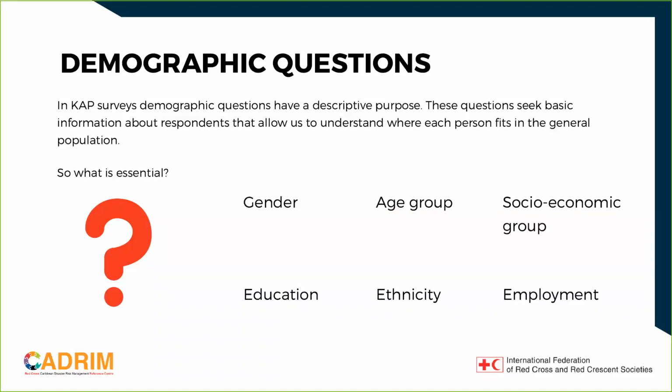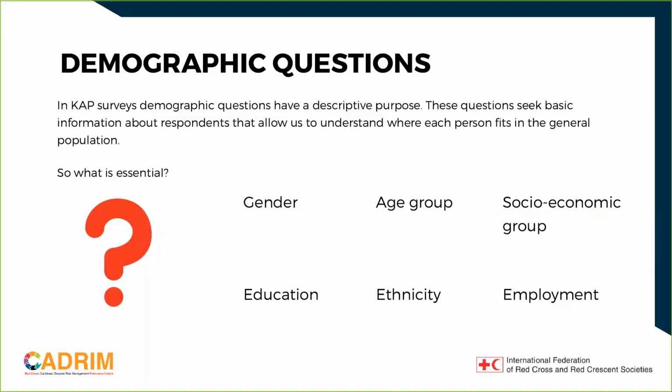Questions relating to your location, of course, because persons in the north of the country or on the coast might react differently or view disaster preparedness differently to somebody who lives inland. So location and geographical placement is also considered to be one of the most used demographic questions.